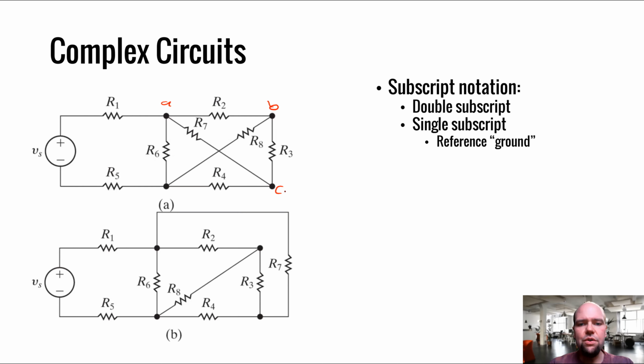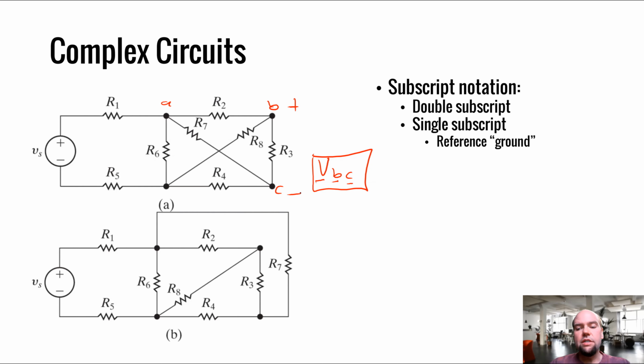Now, if I had used the symbol V_BC, by the double subscript notation, that would indicate the voltage defined by taking the electrical potential at B and subtracting the electrical potential at C. Another way to think about that is, this is the voltage you would measure if you connected the positive probe of a voltmeter to node B and the negative probe to node C. So V_BC, as shown here, would be this voltage across R3 as labeled.